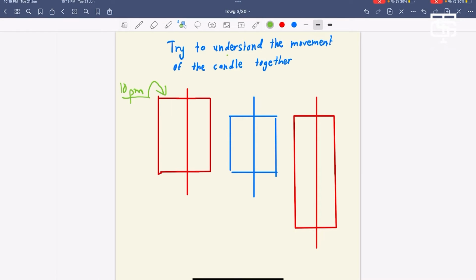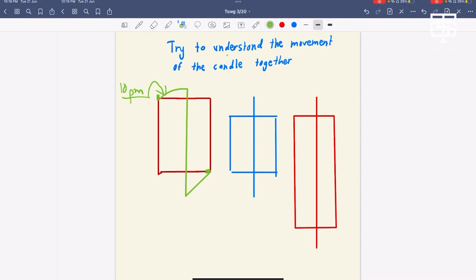It started off over here. It went as high as that. It went as low as this. And then it closed as this. Next, what do you need to see?